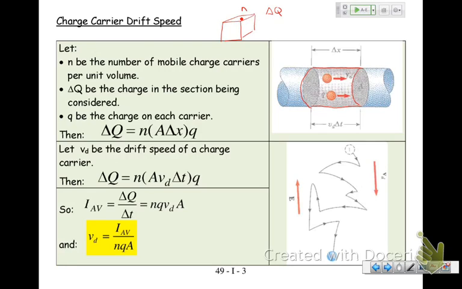The total amount of charge inside this cube will equal the number of charge carriers per unit volume times the volume, and the volume is the cross-sectional area times the length of the wire, times q. So that bit tells me how many charge carriers I deal with, and that bit tells me how many coulombs each charge carrier carries. Okay?